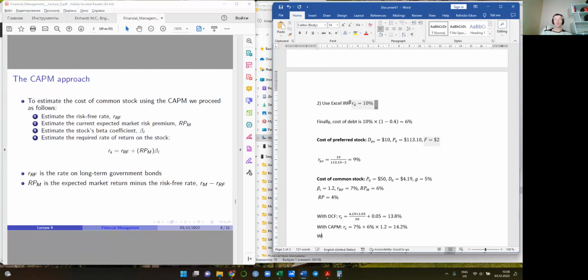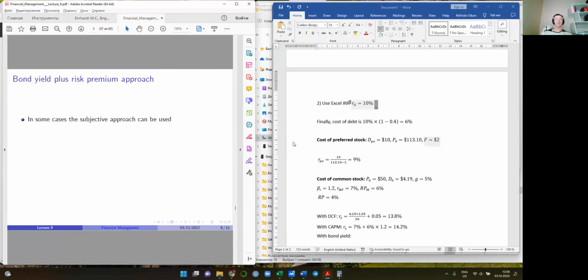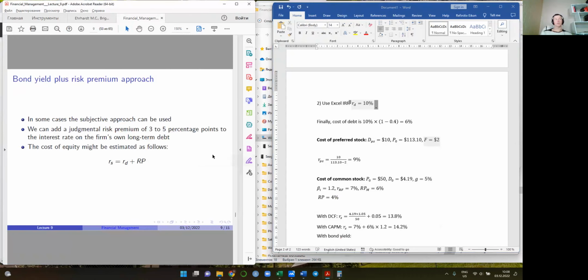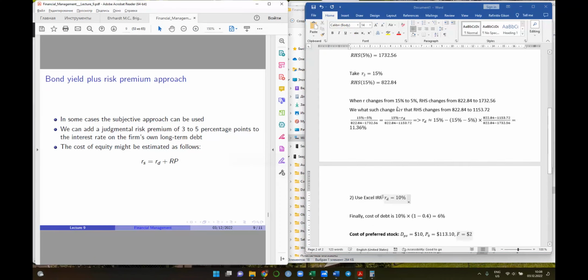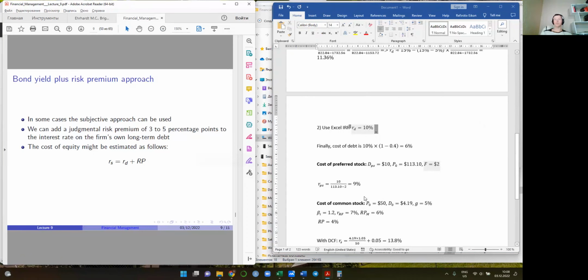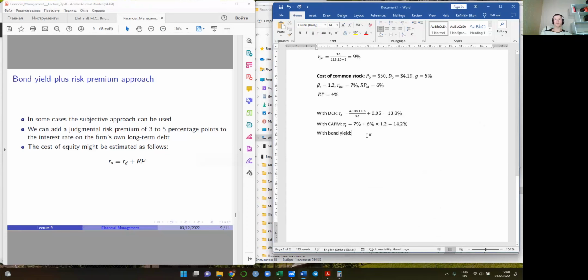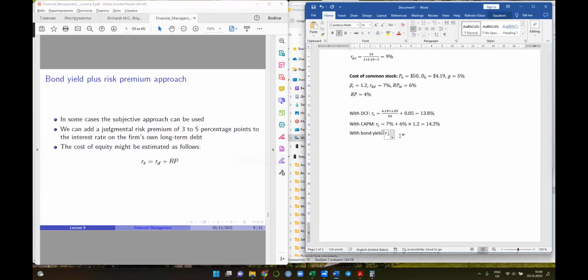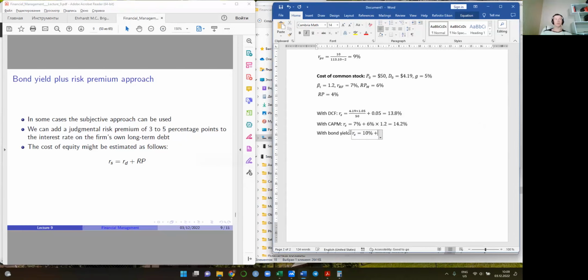Finally, with the bond yield approach, we know that RD is 10%. Here it was estimated. 10% plus the 4% risk premium, so we have 14%.